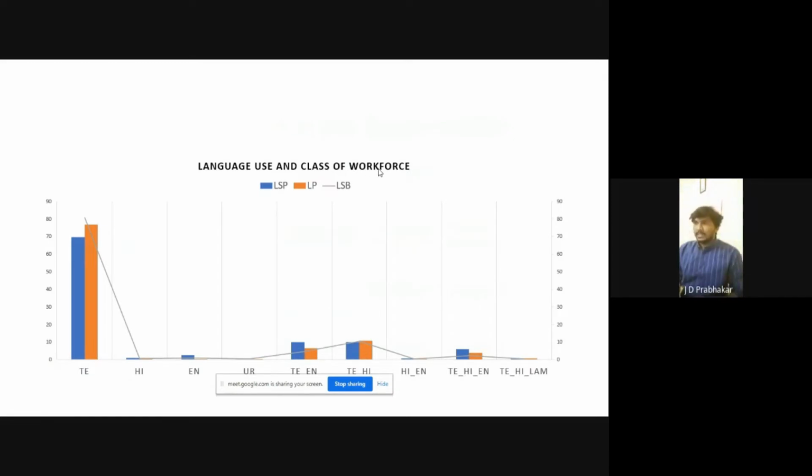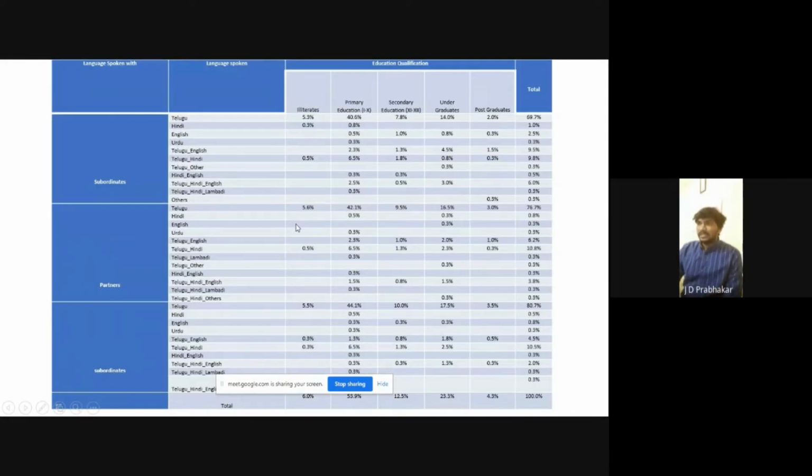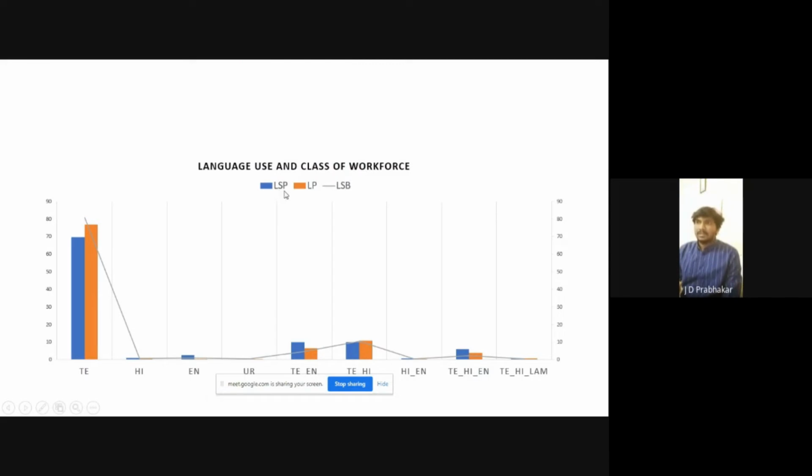That can be represented in this graph. As you see here, blue represents language with superordinate, and the orange indicates language with partners, and LSB, language with subordinate, is represented in gray color.